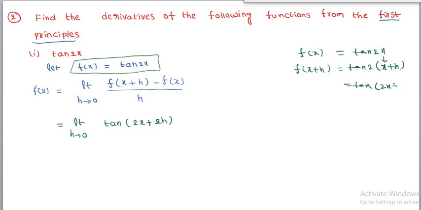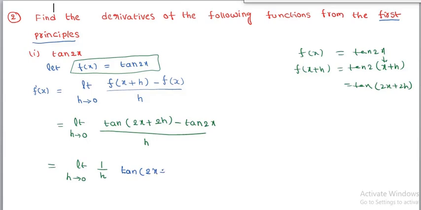Tan of (2x plus 2h) minus tan 2x by h. 1 by h is common. Tan (2x plus 2h) minus tan 2x.